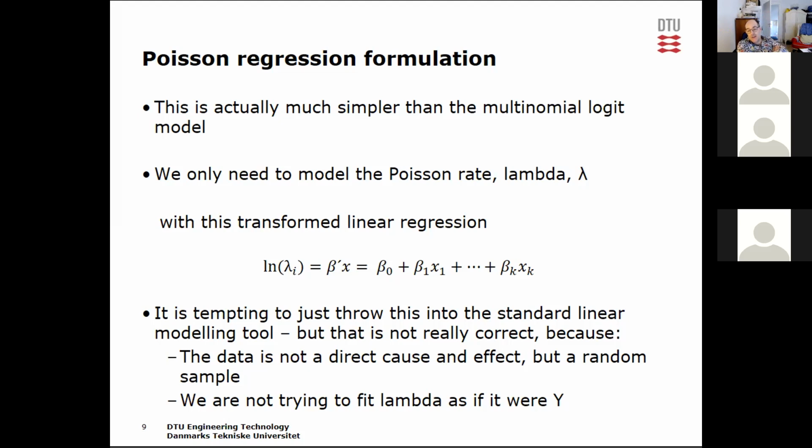Also, in the traditional linear regression model that we learned earlier, we're basically assuming that the y response is normally distributed, and this is fundamentally not normally distributed. So that is also an improper modeling assumption.